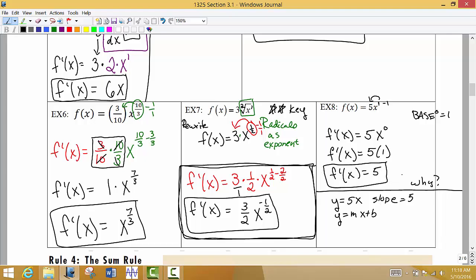Remember that essentially the derivative is the slope. Anytime we have a line, we know what the slope is for every single x value along that line. Horizontal lines always have a slope of 0. This is not a horizontal line, but it's a slanted line, and it always has a constant slope of 5. So there's a good logical explanation for why.